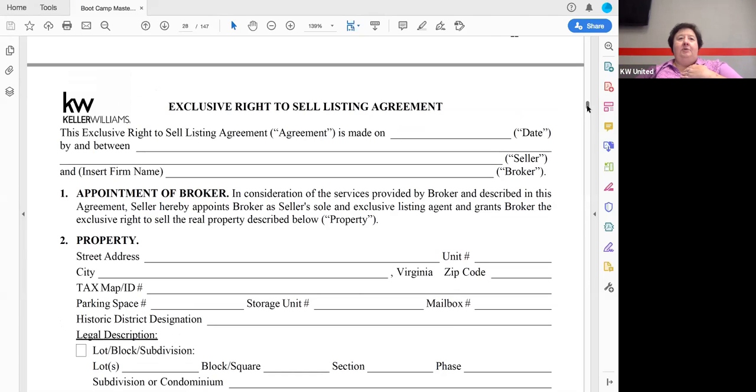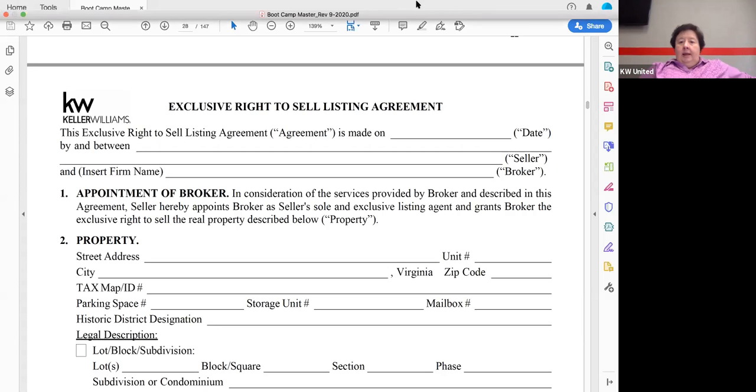A buyer's agent is referred to as the selling agent. That confuses a lot of people at the beginning. A selling agent does not mean you represent the seller. It means you're representing the buyer in the sale of a property. So you'll hear the words selling agent and buyer's agent often interchanged. And then the listing agent is the one who represents the seller in the exclusive right to sell listing agreement. So again, the day that you're going to meet with your client, you would put that in there.